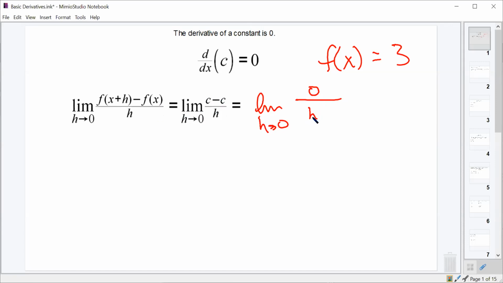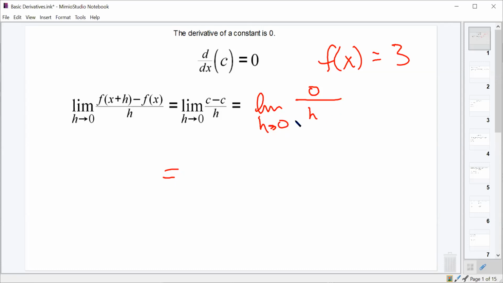But luckily, we know that we can simplify what's inside of here, and what is 0 divided by any variable, as long as that variable is not 0? It should just come out to be 0, right? And h is never going to equal 0, is it? h is approaching 0, and our limit is only concerned about what happens as we get close to this value, not what happens at this value.